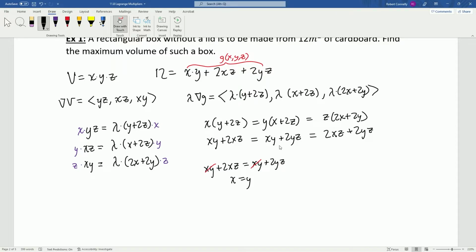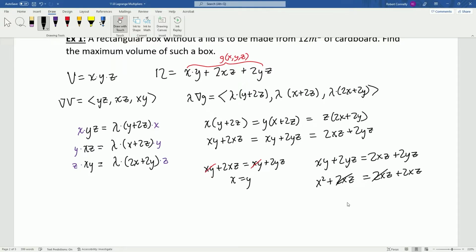Now I'll take my second pair of equations here. We've got xy plus 2yz equals 2xz plus 2yz. And I'll substitute y equals x into both of these, and I get x squared plus 2xz equals 2xz plus 2xz.